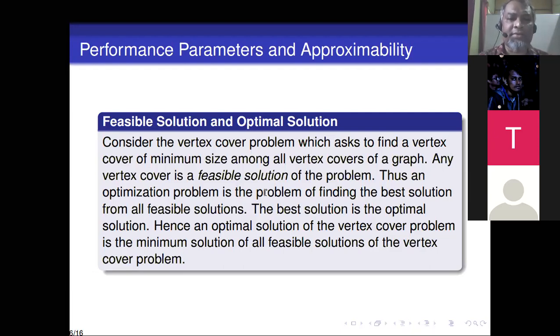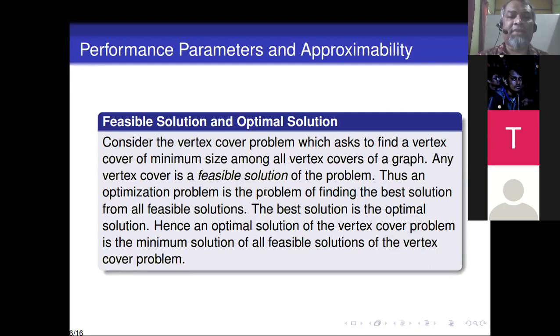Any vertex cover is a feasible solution of the problem. Thus an optimization problem is the problem of finding the best solution from all feasible solutions. We can consider it this way when we study some problems: we first decide whether the solution we are obtaining is a feasible solution or not. Among the feasible solutions, the optimal one is our desired solution.